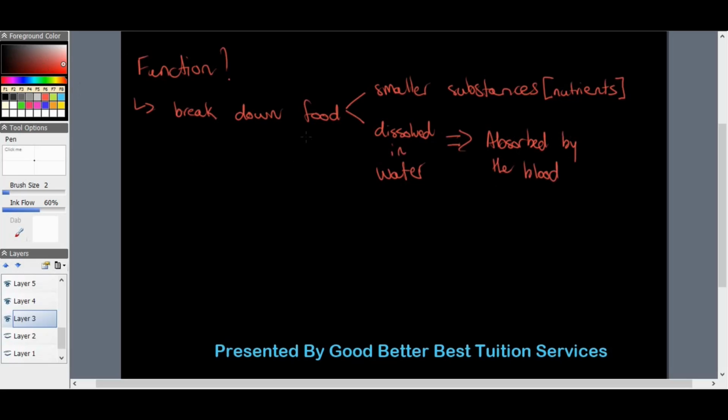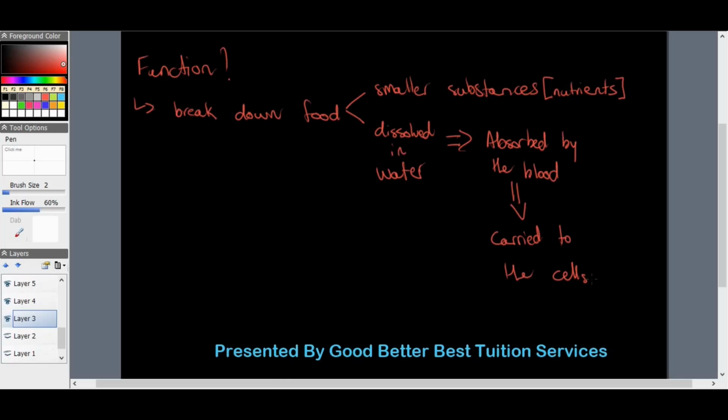And then they can be carried to the cells. Let's put that in there. And once it's carried to the cells by the blood, of course, it can be used.